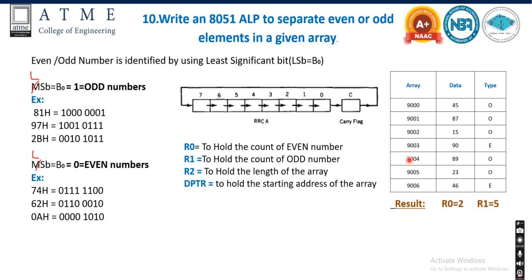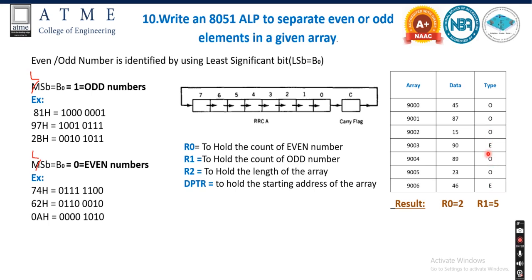In this example, I am giving 7 numbers. If you observe, 45 is an odd number, 87 is an odd number, 15 is also odd, and 90 ends with least significant bit equal to 0, so it is an even number. 89 is also odd, 23 is also odd, and 46 is even.